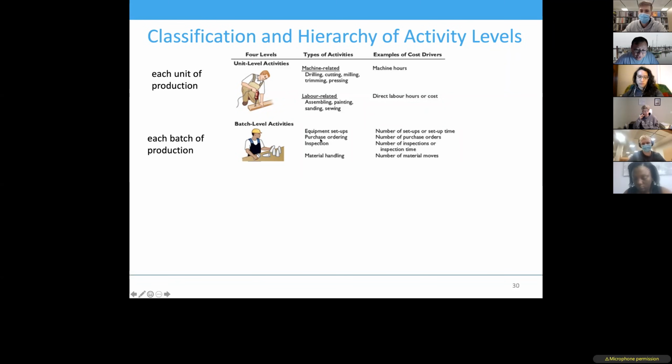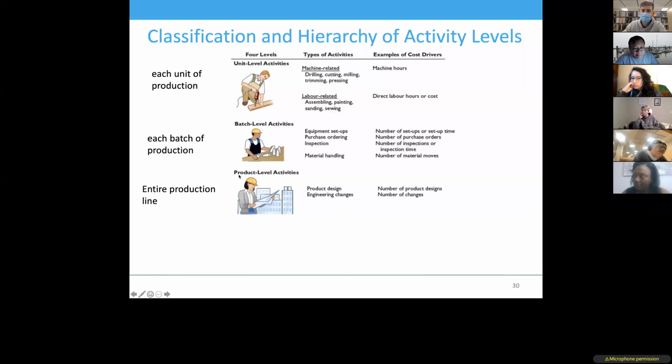For example, you purchase materials. You don't just order materials that are good enough for one product. You purchase a large amount of materials, inventories for the production. Materials handling. Those are the activities related to the batch level.